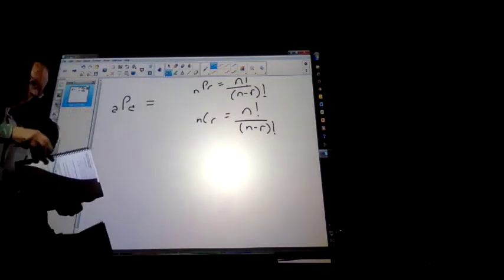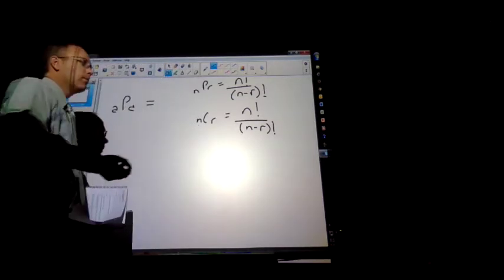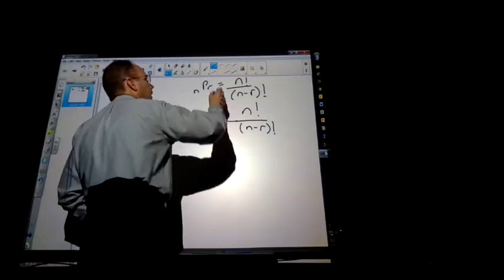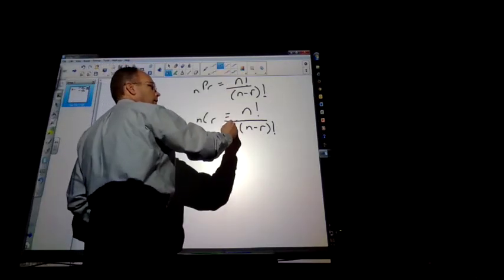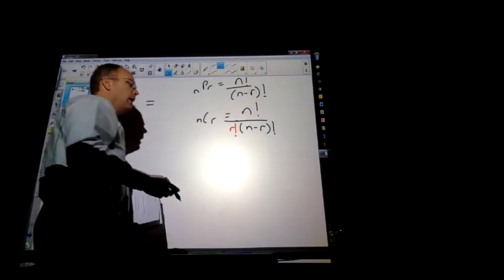What was the other part? What goes down here? An r factorial. Okay?